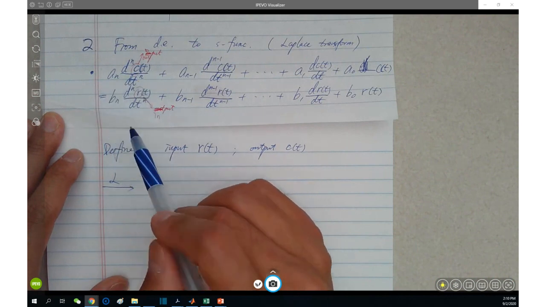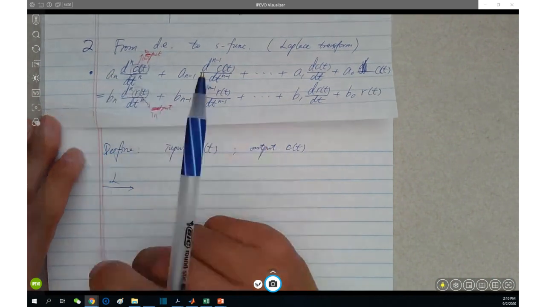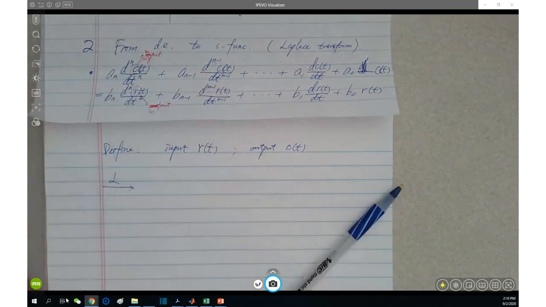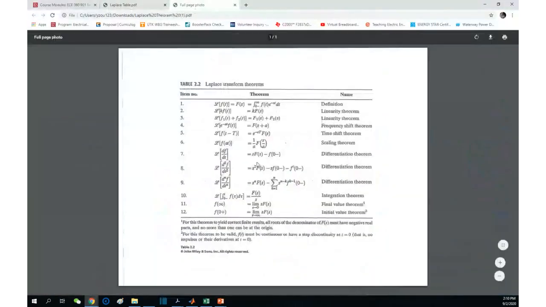What is the Laplace transform of this term? We need to go to the second handout and look at number 9: the Laplace transform of d^n f over dt^n equals what?